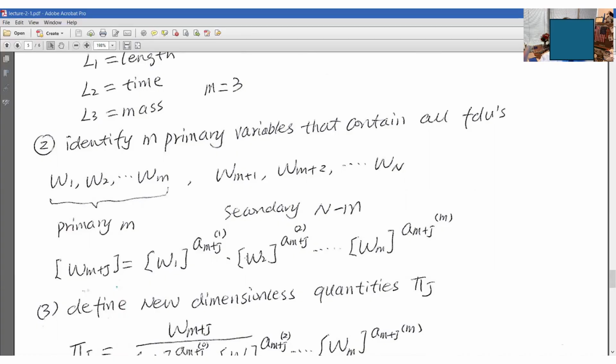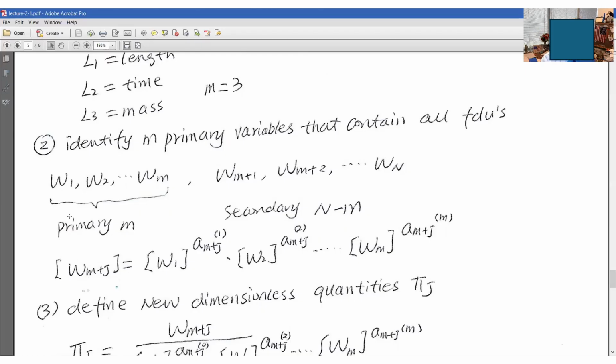I'm just talking about the dimensions, the units. I'm not talking about the specific number. You understand, guys? You should keep this in mind.